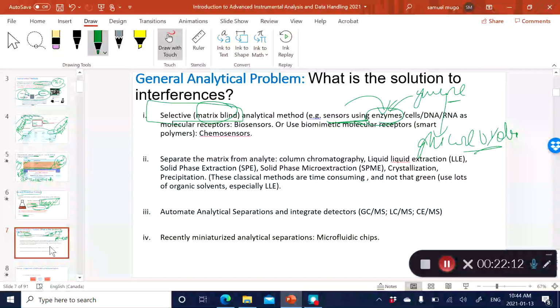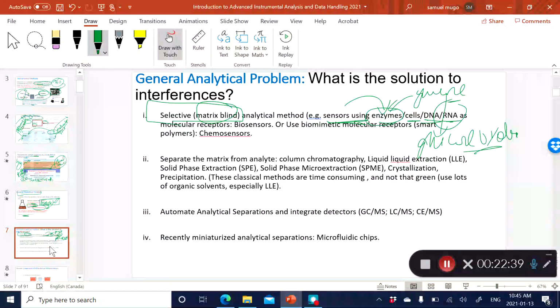But the molecular receptors for sensors are things like enzymes. You can also use cells. Cells are very specific to certain types of analytes. You can use DNA. You can even use RNA. For example, the way they are trying to detect COVID-19 is typically they get an RNA that is very, very specific to COVID-19.